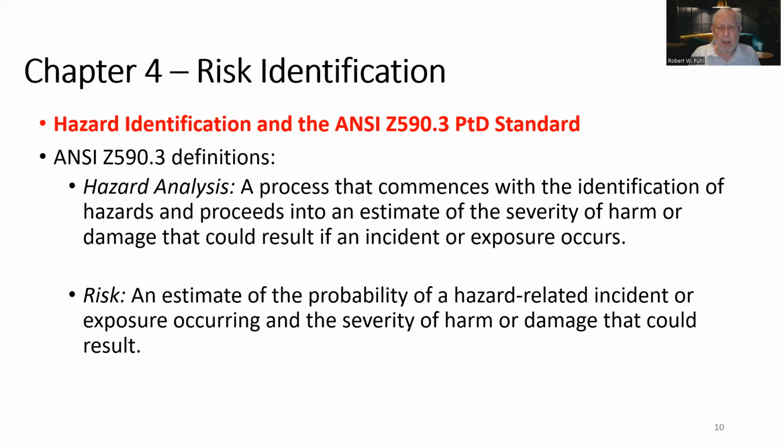Hazard analysis is the process that commences with the identification of hazards and proceeds into an estimate of the severity of harm or damage that could result if an incident or exposure occurs. Risk is an estimate of the probability of a hazard-related incident or exposure occurring and the severity of harm or damage that could result. So you have probability and severity. That's your basic foundation for a risk matrix.